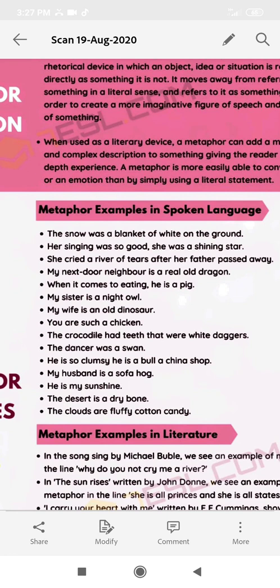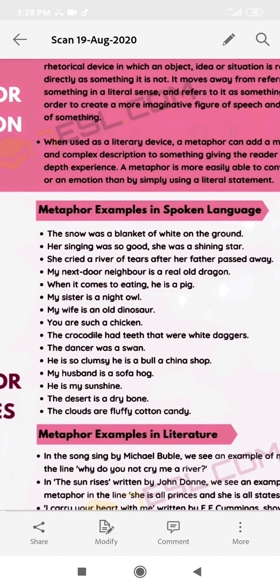So now you can understand that if the comparison is given and like and as word is there, so it is simile, but comparison without like and as word, it is metaphor. Okay, that is the difference between simile and metaphor.